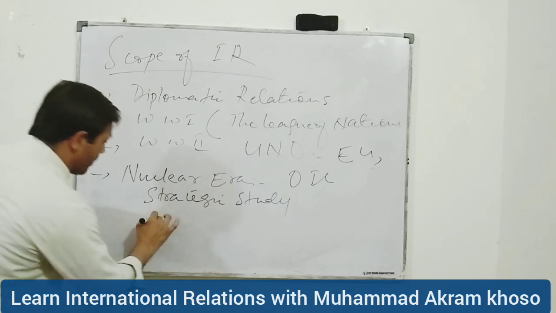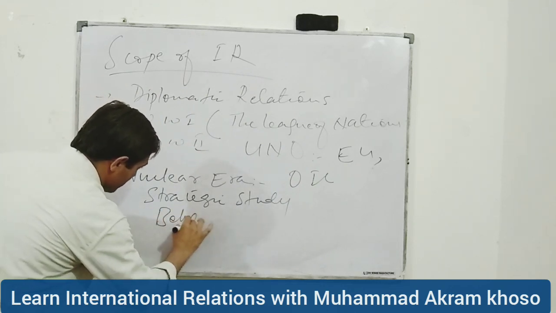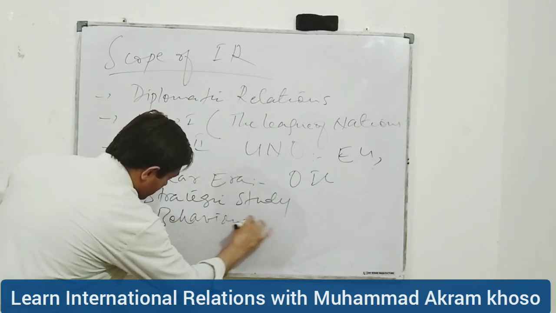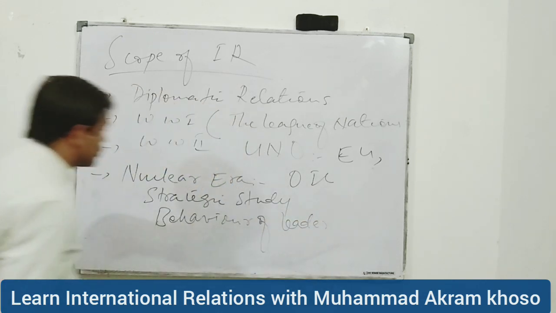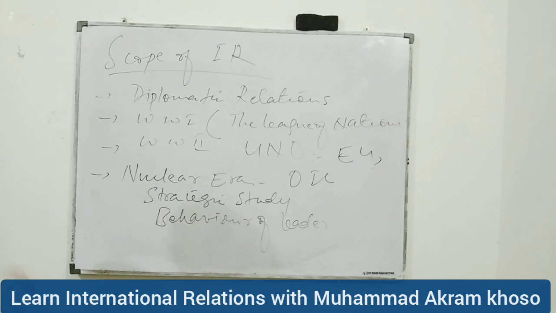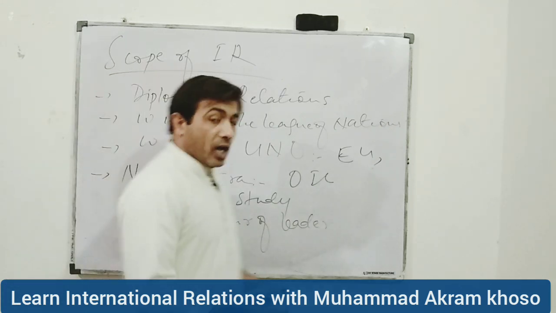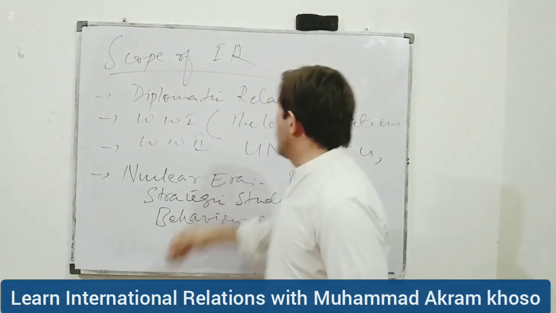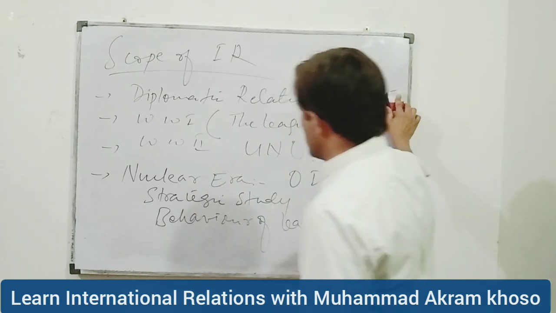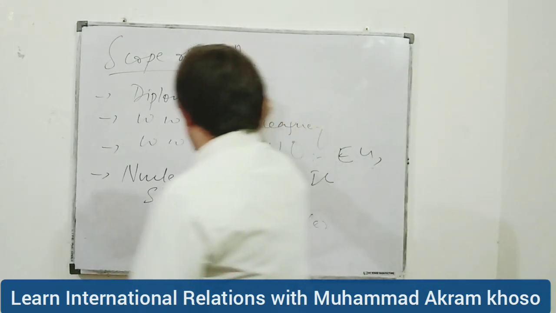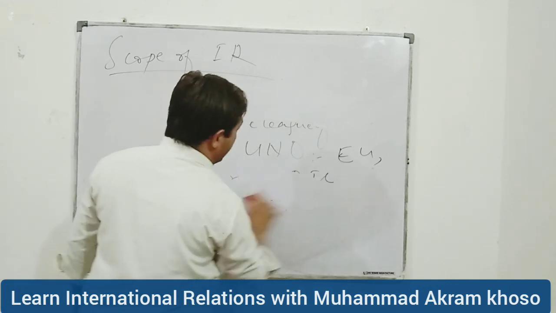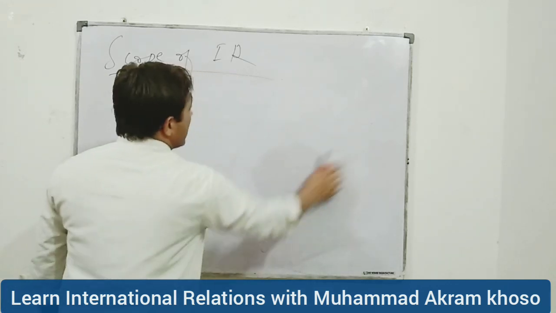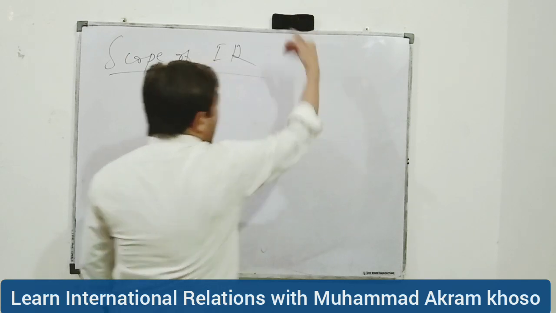It also covers the behavior of leaders, right? So nuclear era, strategic study, behavior of leaders are also covered by international relations. Apart from that, as I said, IR has become quite a versatile, wide area.